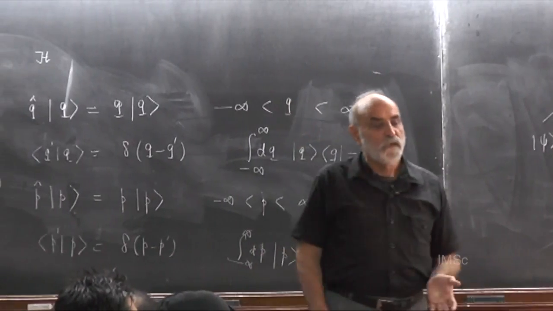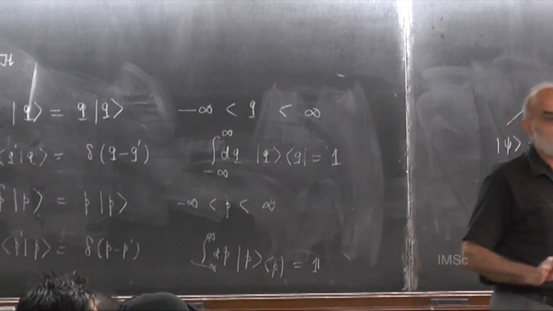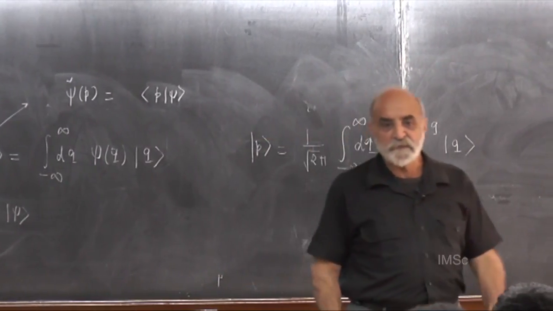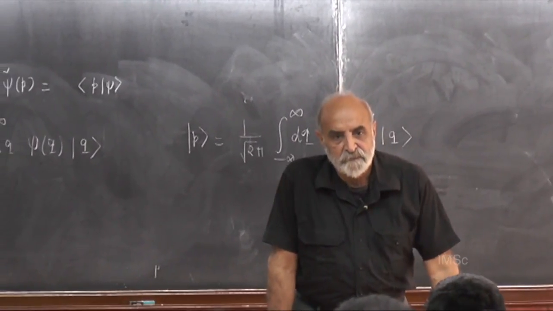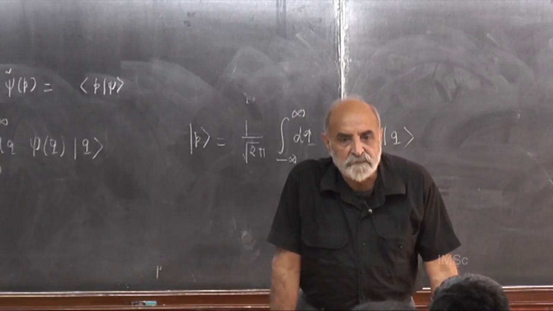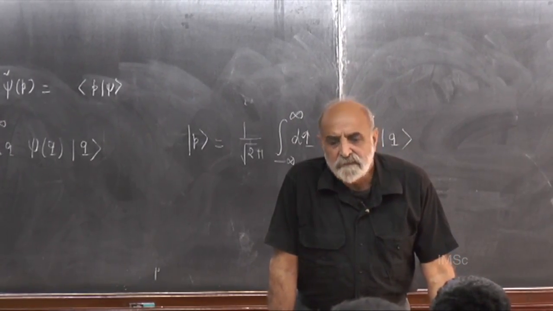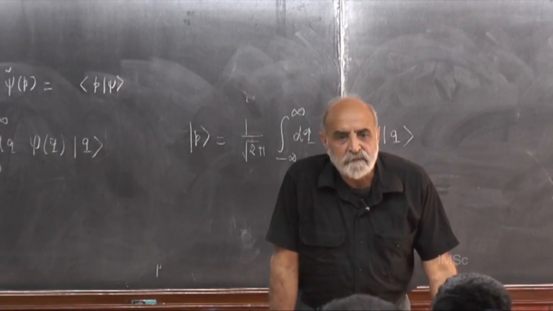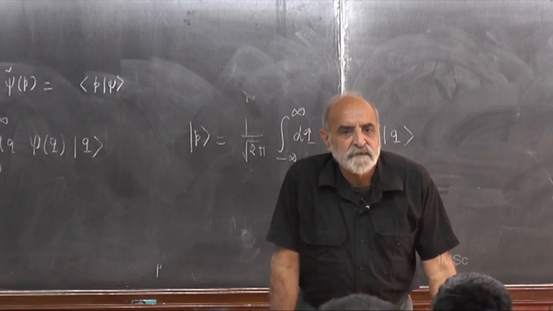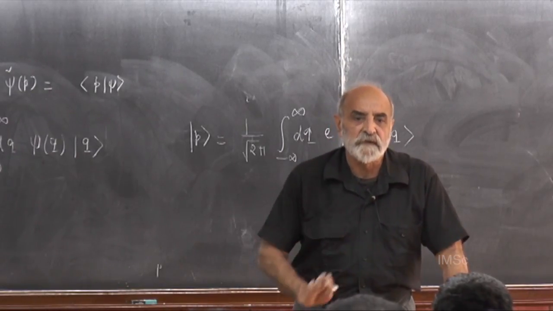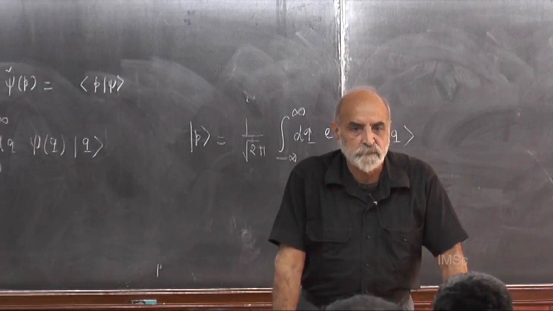But still in physics we deal with them all the time under the assumption that somehow these problems can be taken care of in a more refined mathematical way. But since for most of our purposes this is enough, we continue to talk about coordinate and momentum eigenbases and so on.